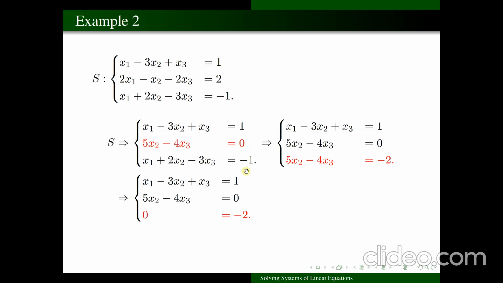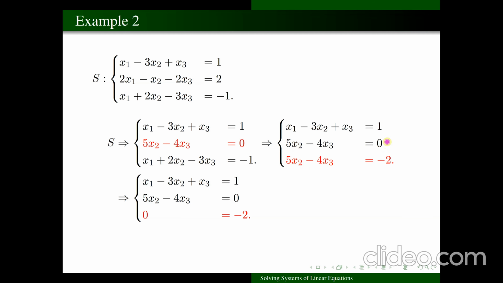We do the same to eliminate x1 in the third equation. So we multiply -1 to the first equation and add the result to the third equation, and this will produce this new third equation, 5x2 minus 4x3 equals -2. Now, note that we can eliminate the second and third variables from the third equation using the second equation.